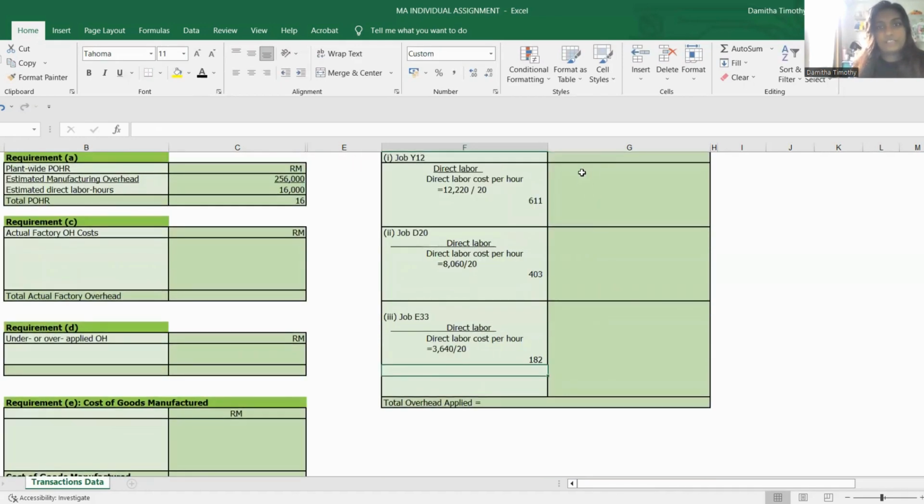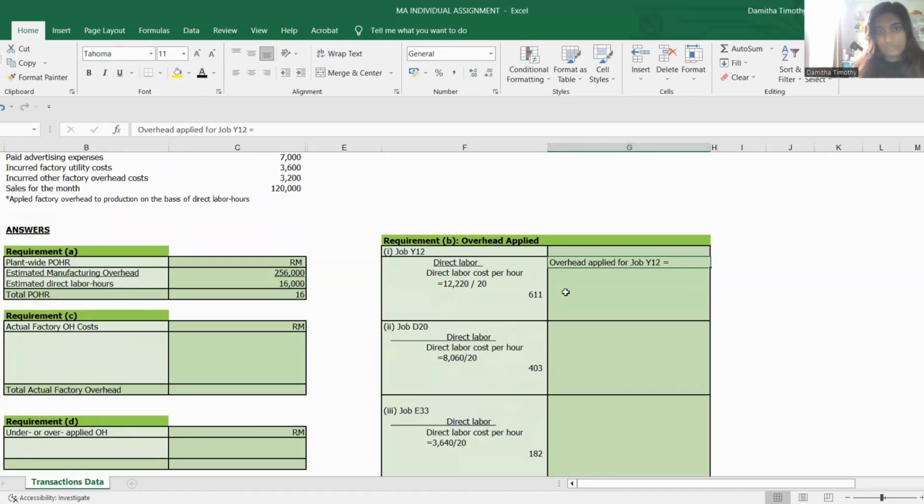To find the overhead applied for job Y12, the formula is POHR times actual direct labor hours. The POHR is 16 and the direct labor hours are the calculation that we did before.